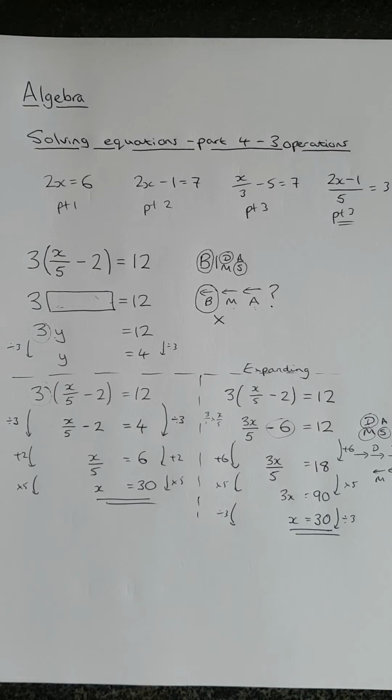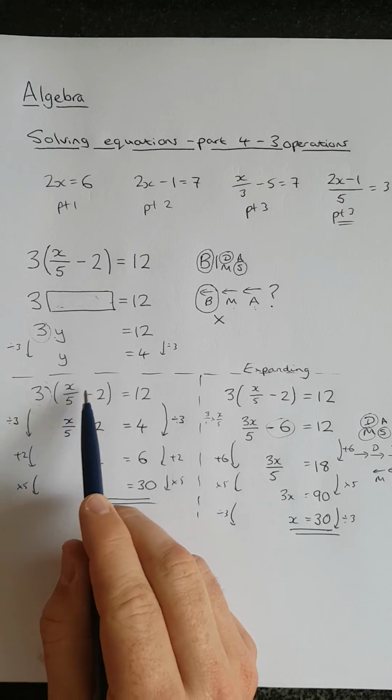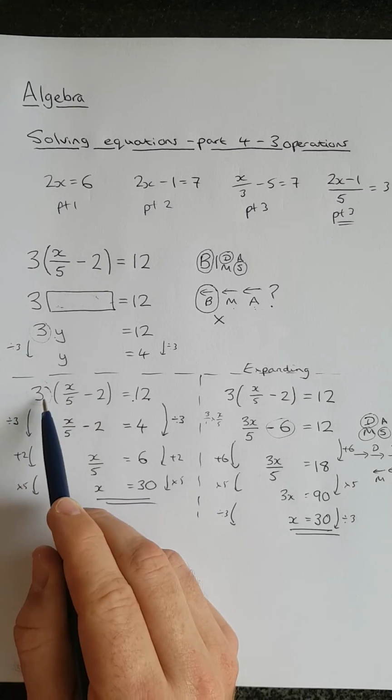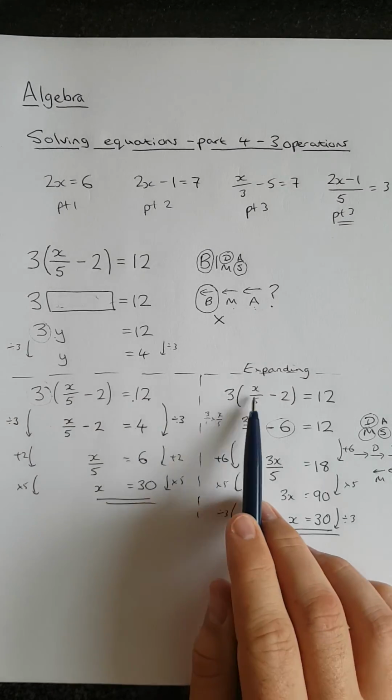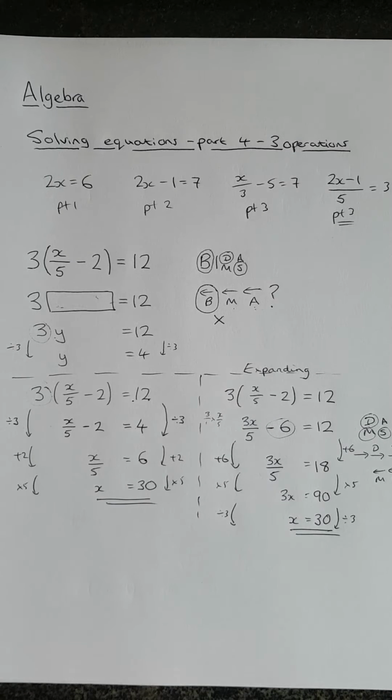So, it doesn't matter which way you do it, as long as you follow rules. You can see this as 3 multiplied by this equals 12 and divide by 3, or you can expand the bracket and then solve it.